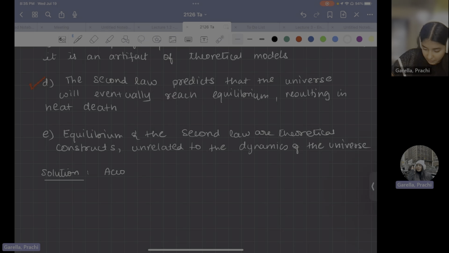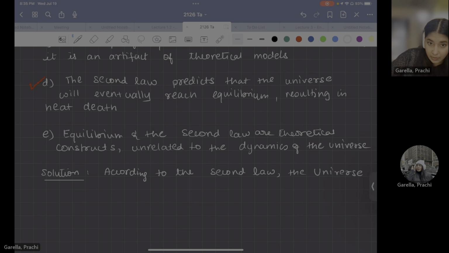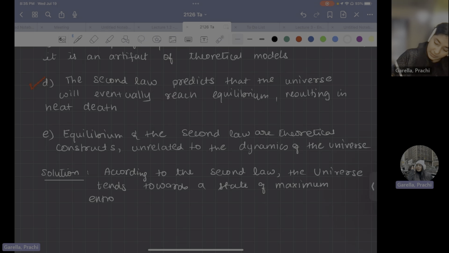According to the second law, the universe tends towards a state of maximum entropy.